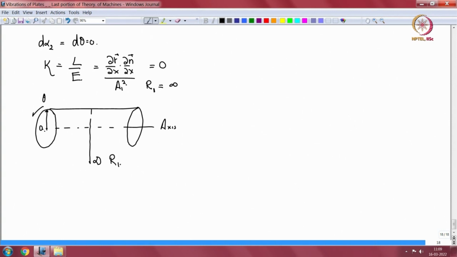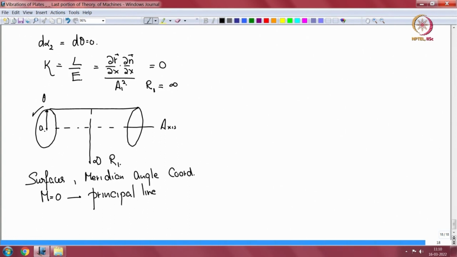Okay. So for surfaces of revolution, if we take the meridian and the angle as the coordinates, we will have m as 0, and these are the principal lines of curvature. There are proofs, but it's unimportant.